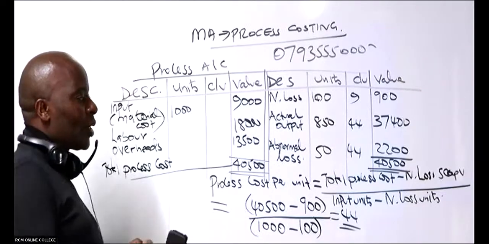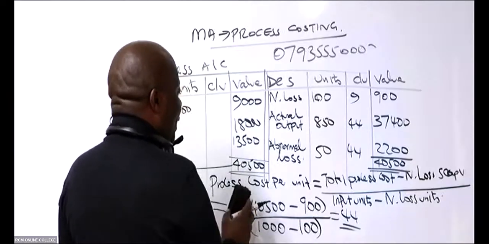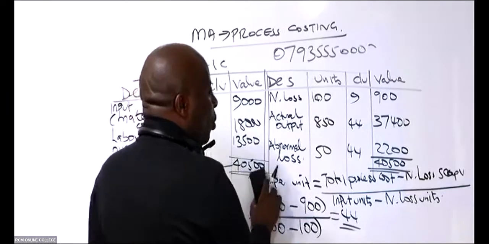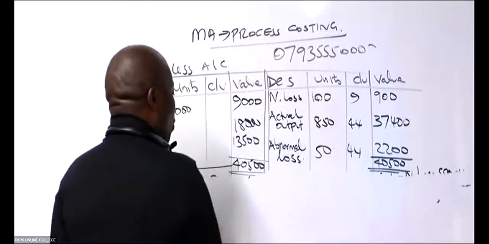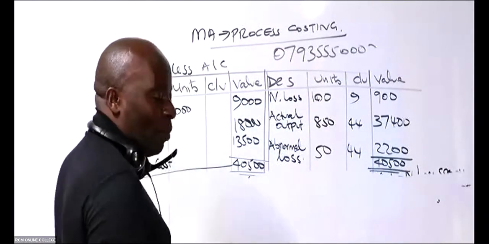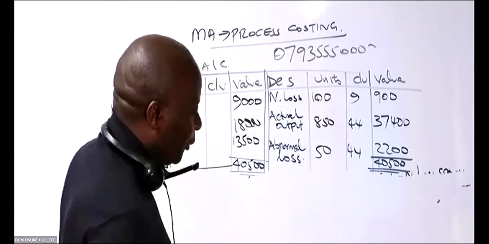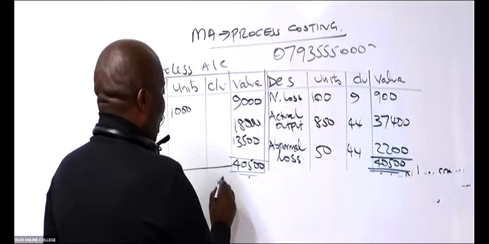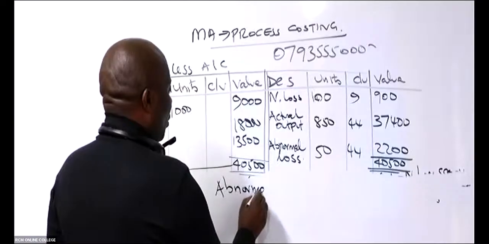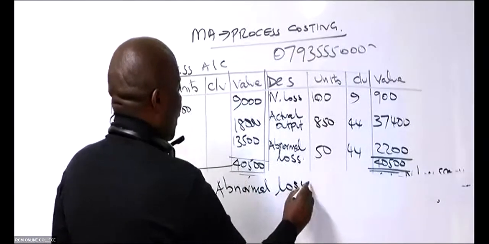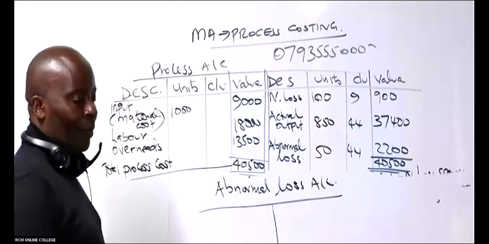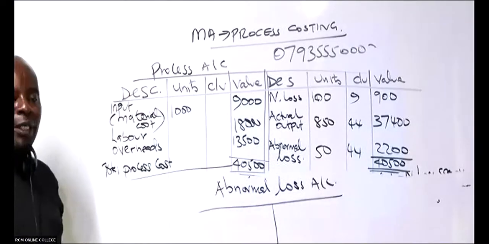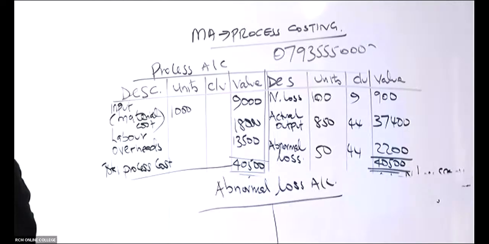And then please, the examiner will always ask you to do an abnormal loss account. This abnormal loss account is a very, very simple account.